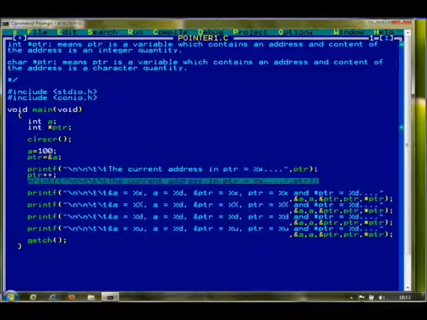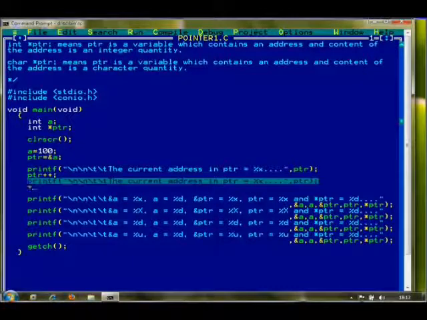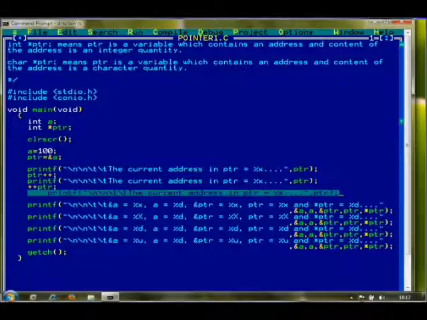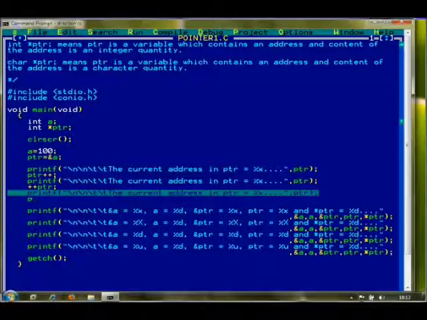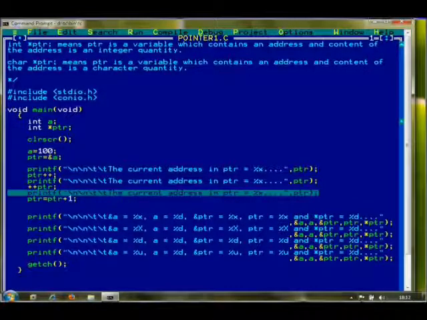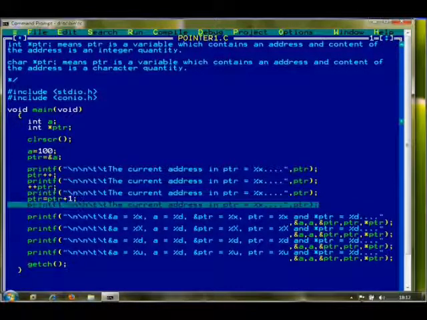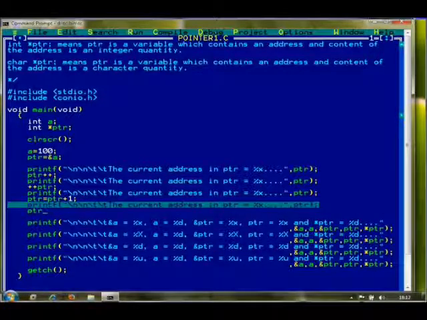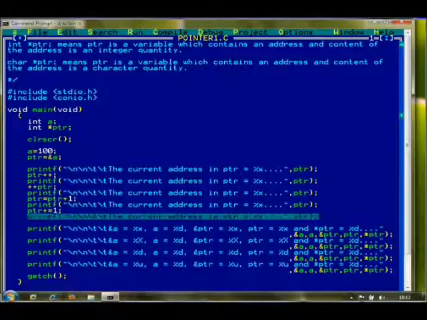The current address in PTR is this. Here I am writing plus plus PTR. Here I am writing PTR is equal to PTR plus 1. Here I am writing PTR plus equal to 1. So I have tried all possible expressions to increase the value of PTR by 1.